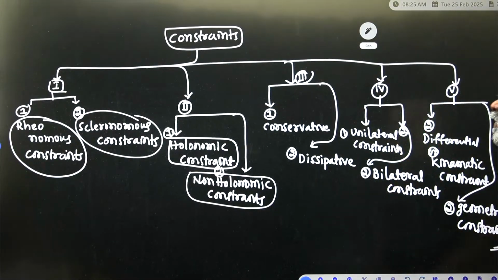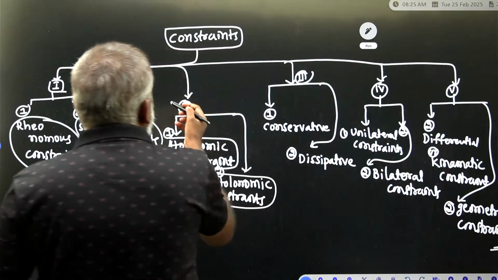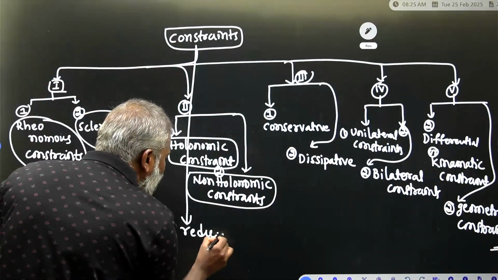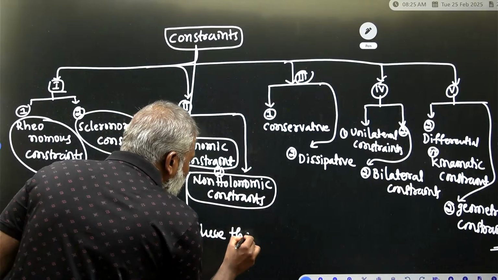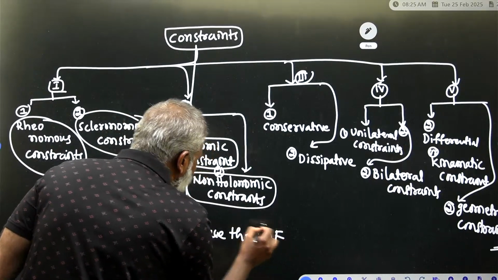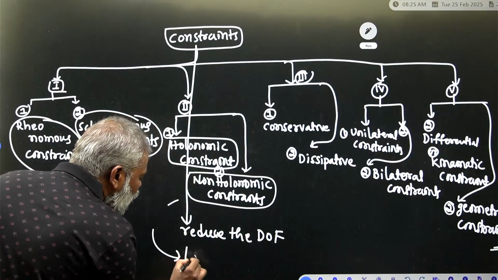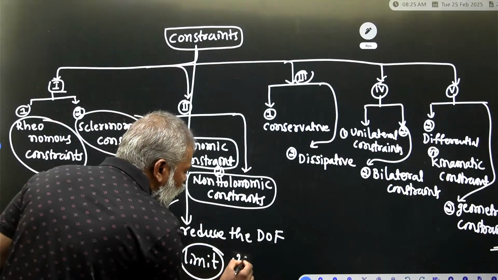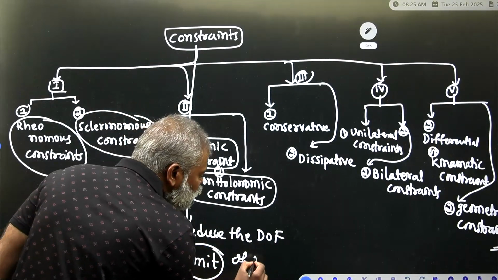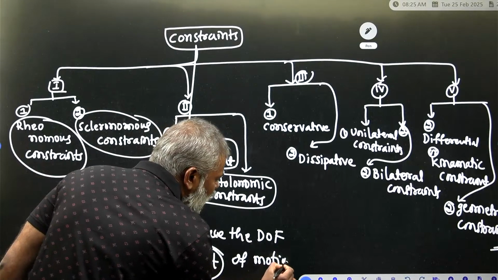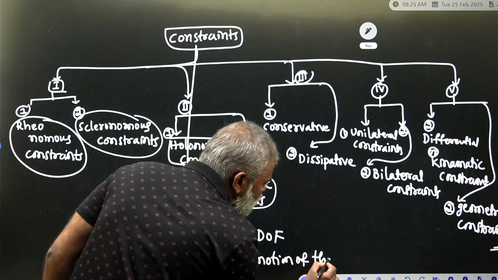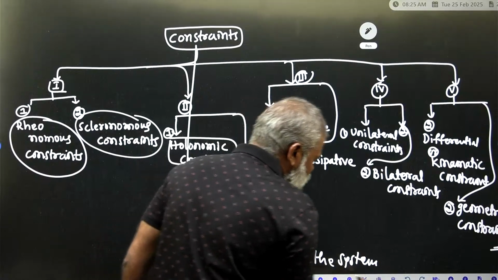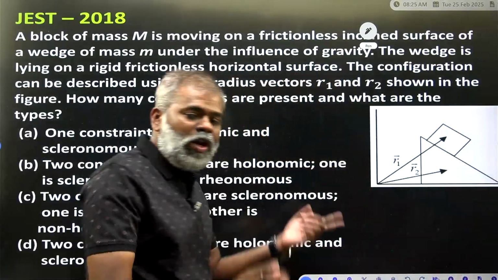So constraints are limits on the motion of the system or body. That is the story about the constraint.